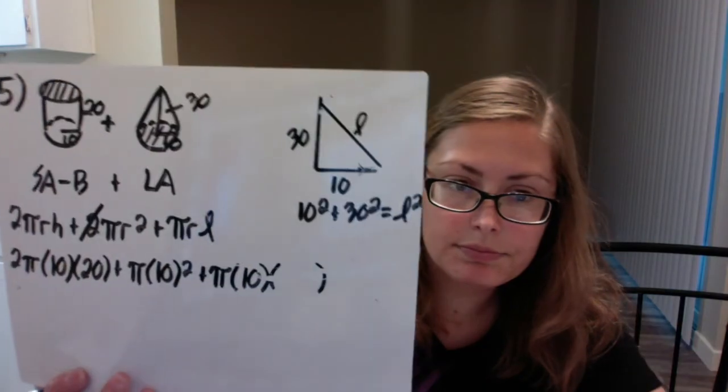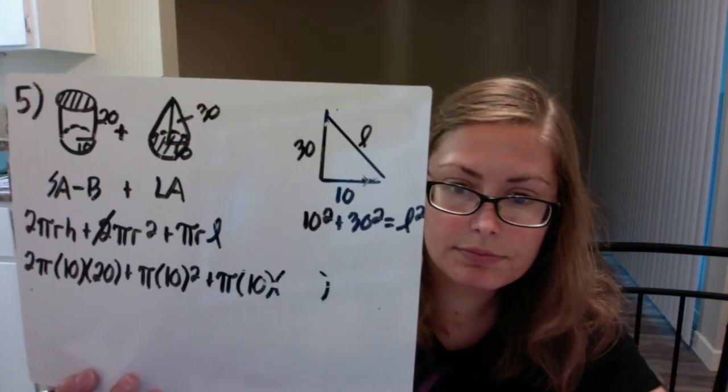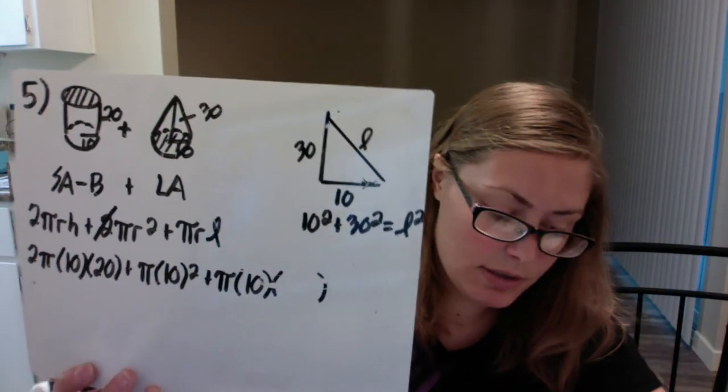So we need to make our triangle. 10, 30, L, so we have 10 squared plus 30 squared is equal to L squared. So L is going to equal 31.6.